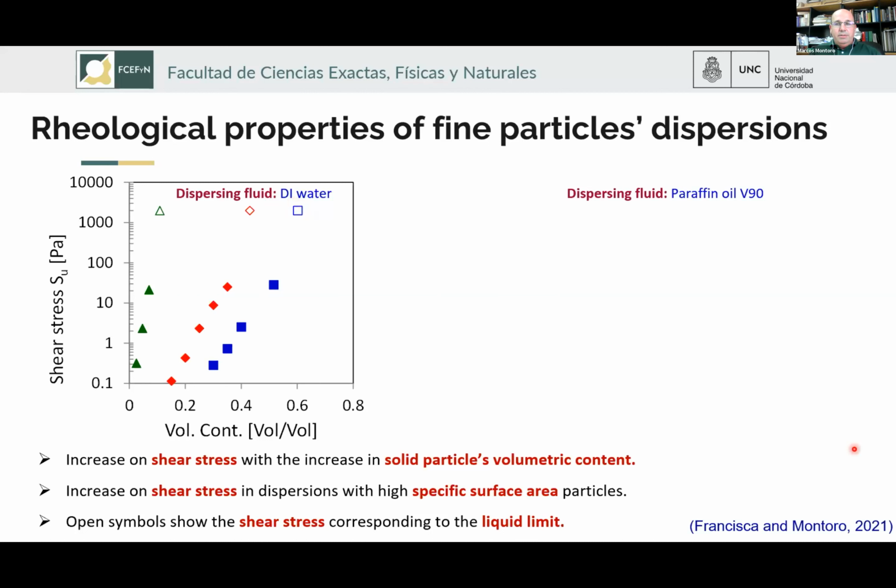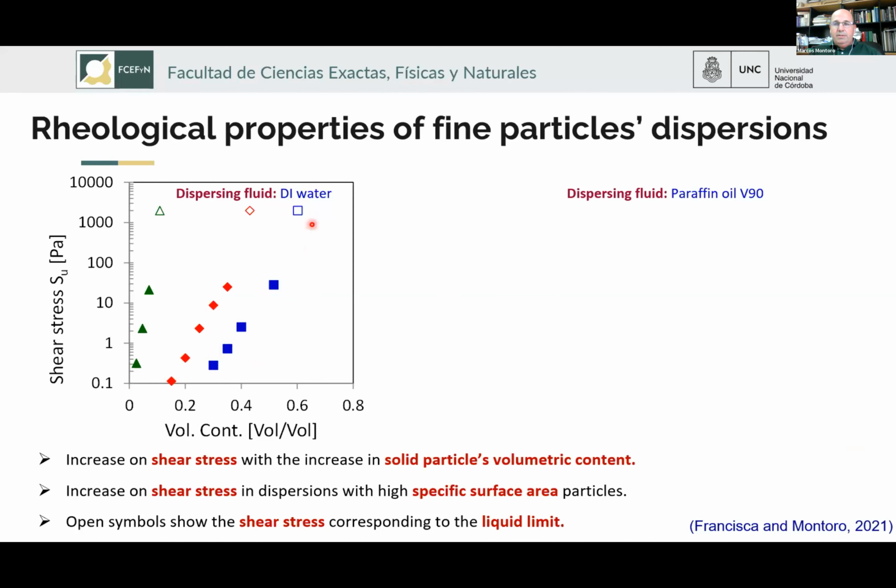The trends observed show that the shear stress increases with the increase in the volume solid particle content in the dispersion, but also shows that the shear stress is more important for dispersions having the same particle volume content when the fine particles have higher specific surface area.